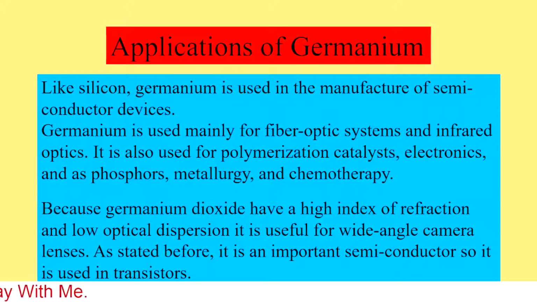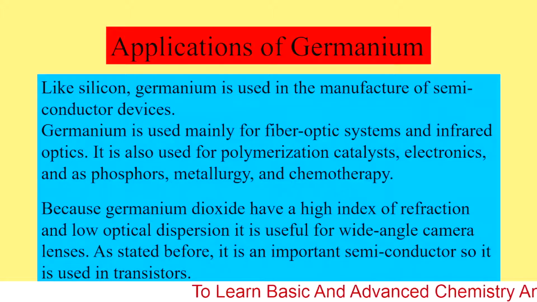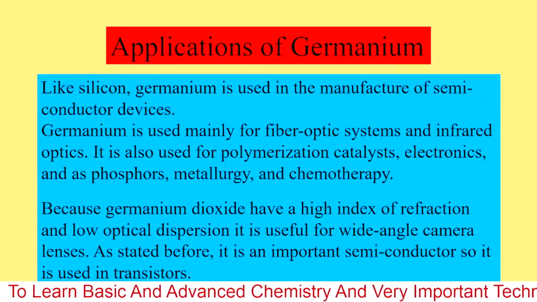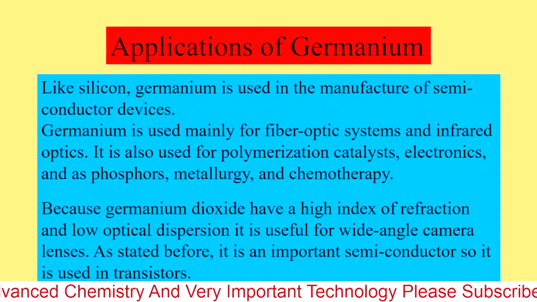We have different categories of lens. So for taking a close photo of a wide area, you need a wide angle camera lens. To prepare these types of lens, you need to use germanium or germanium dioxide.